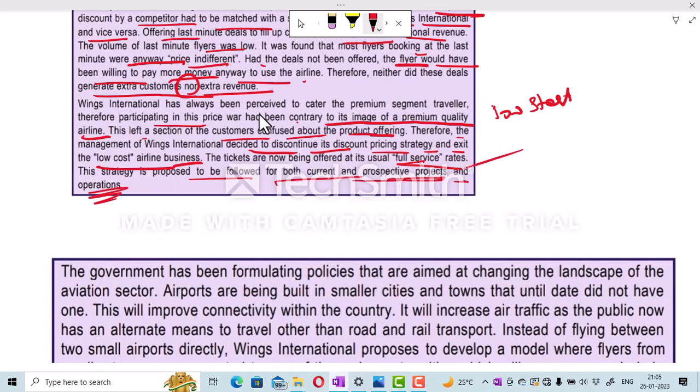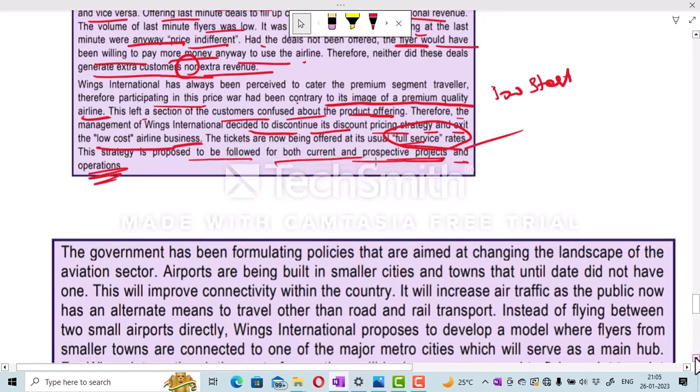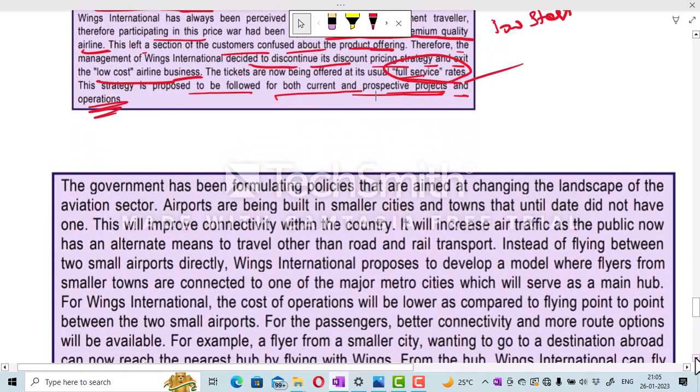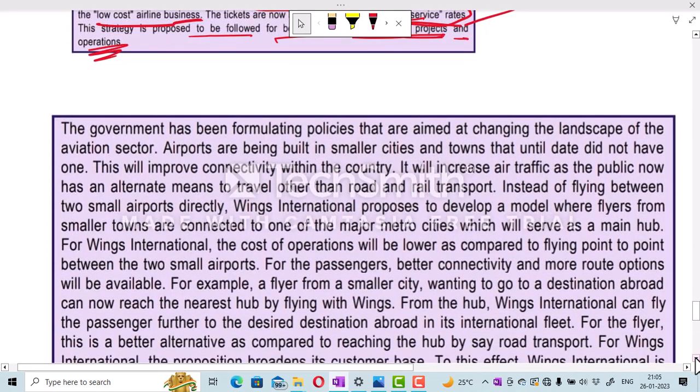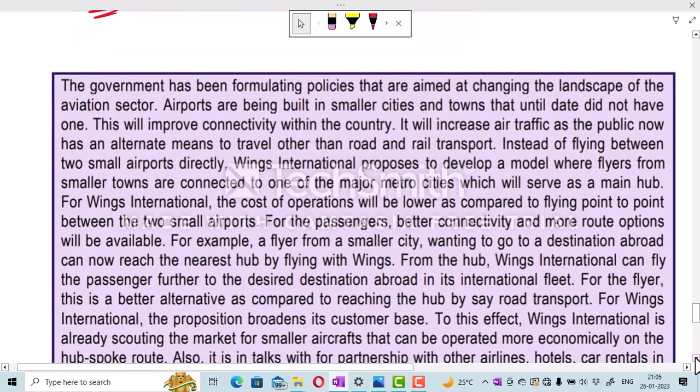See, they left the old business and they are starting the new business. Full service rates they are going to charge. We need to find a pricing strategy for the proposed one also. Now, the second question is that only.